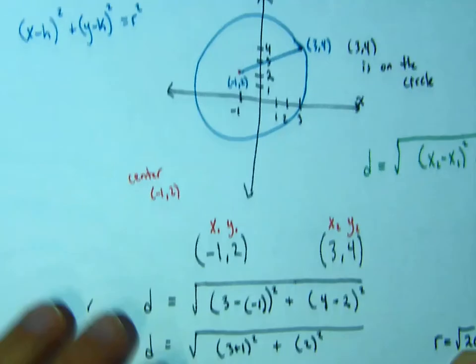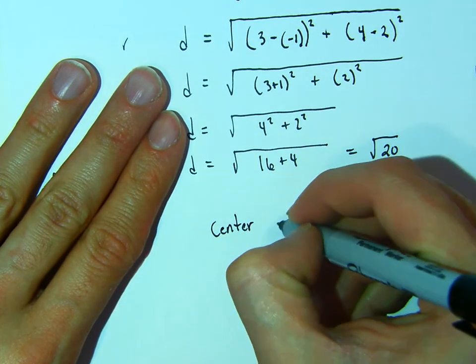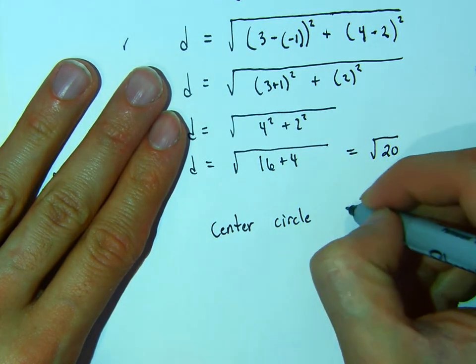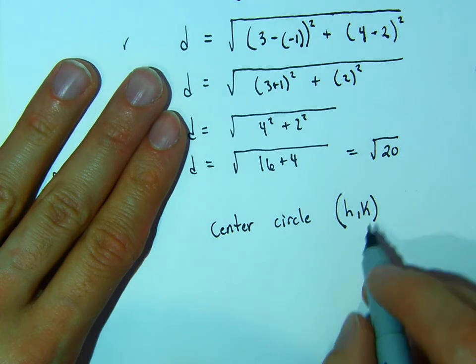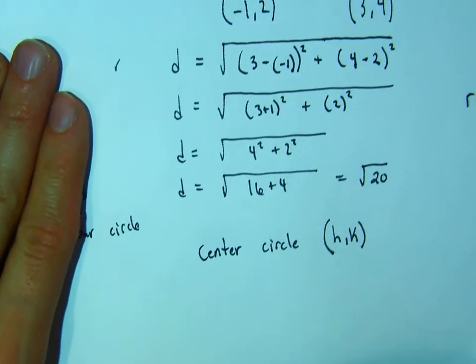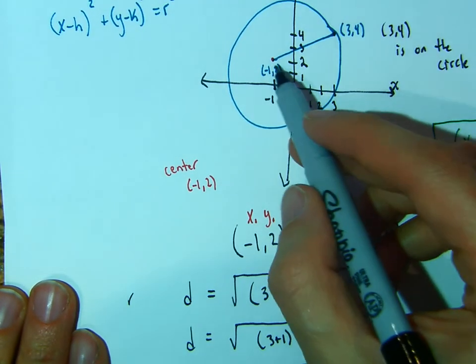And by definition, the center of your circle is represented as (h, k), right? So here, what is our h and what is our k? Here, the center of our circle is right here. It's (-1, 2).